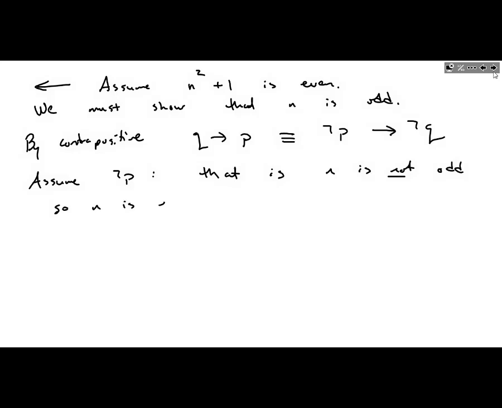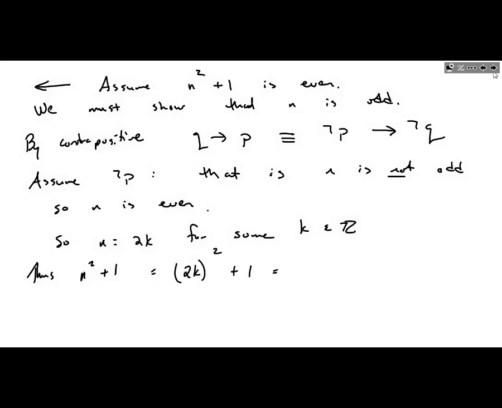So n is even. So n equals 2k for some integer k. Thus, n squared plus 1 would equal 2k squared plus 1, which is equal to 4k squared plus 1, which is 2 times 2k squared plus 1, which is odd.